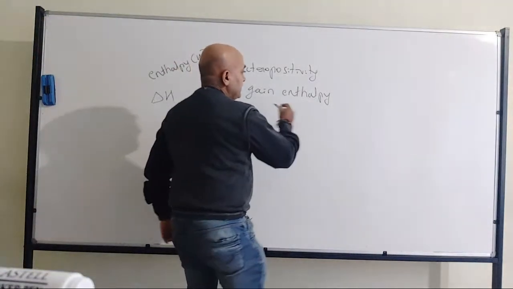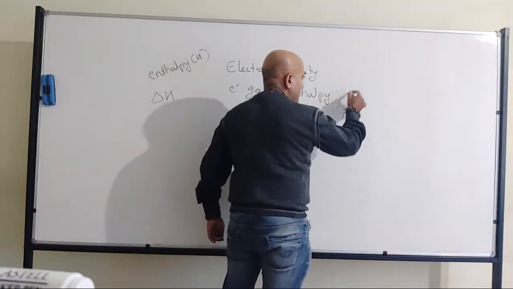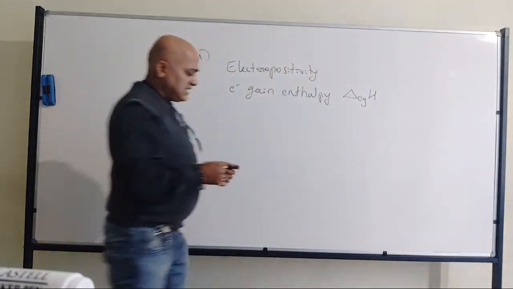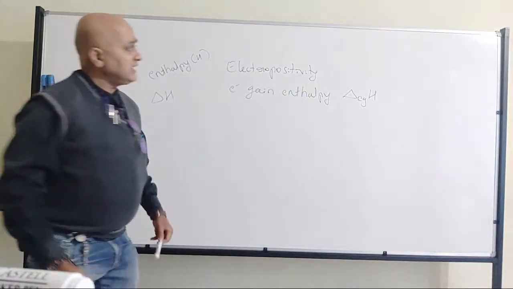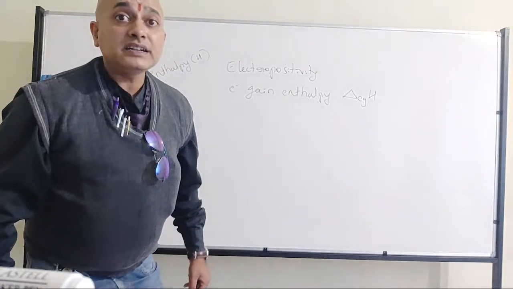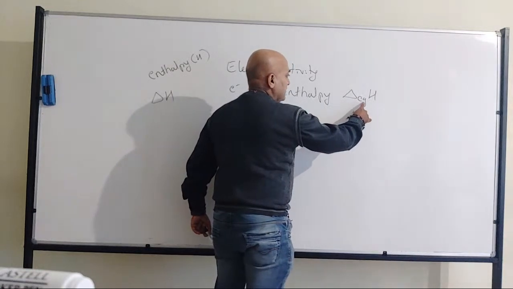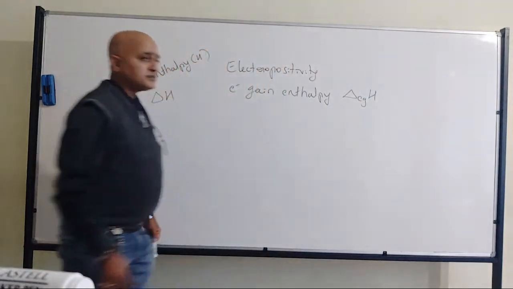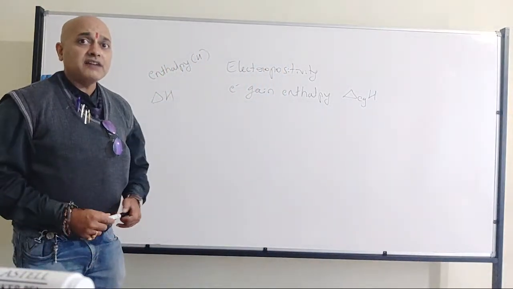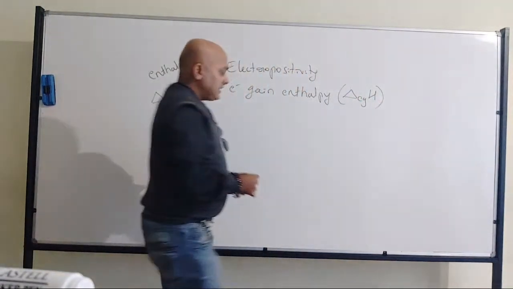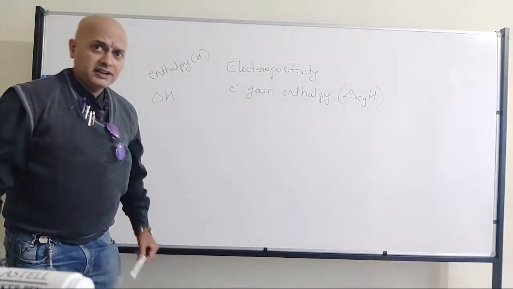Therefore, electron gain enthalpy can be represented as delta EgH, where Eg stands for electron gain. So change in electron gain enthalpy is the symbolic representation. All of you have understood?